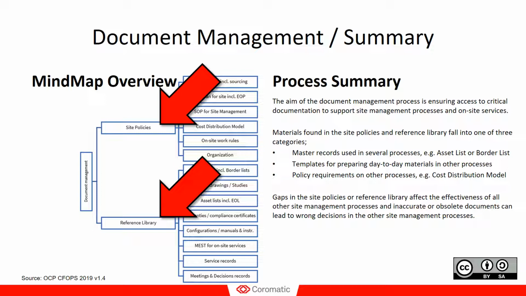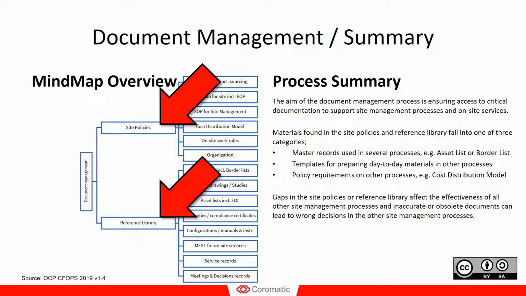The materials that are stored in these different parts are of 3 different kinds. They can be master records that are used in one or several other processes, for example, asset lists or border lists. They can be templates for preparing day-to-day materials. That could be meeting agendas or service record templates or other types of reports to ensure that there is a consistent quality.